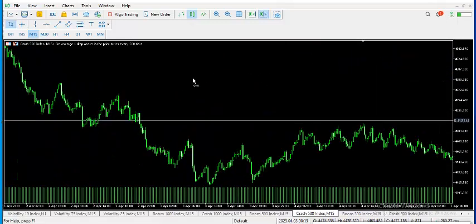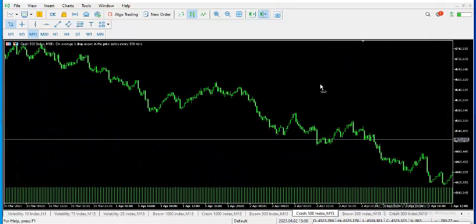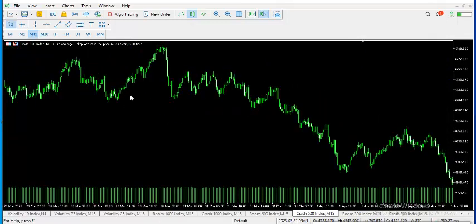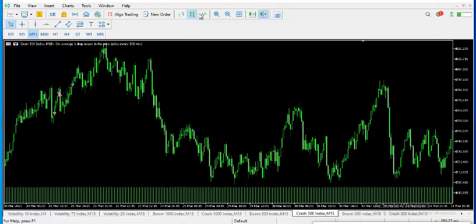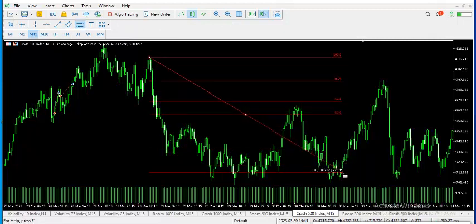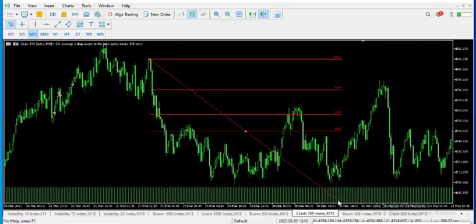A tool that will be telling you, after the break of structure, you can sell here or you can buy here. You don't really need to identify all these things by yourself.